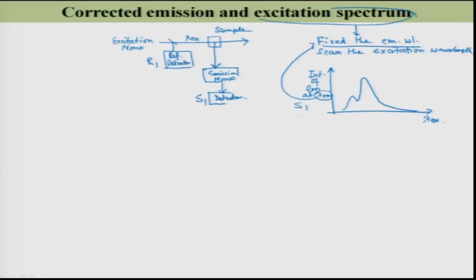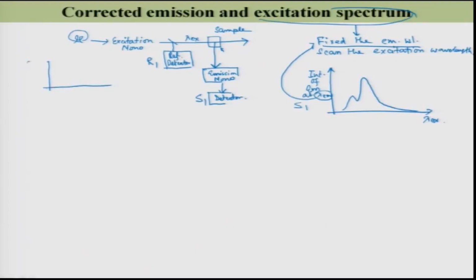If you plot S1, what will happen? If I simply plot S1, then the emission intensity coming out of this sample is a function of concentration, but the concentration remains the same, so there is no concentration dependence. It is also a function of excitation light intensity. And if you remember, I said that the lamp is not ideal. That means the output intensity of different wavelengths coming out of the excitation lamp is not constant, not a horizontal line, but looks something like this.